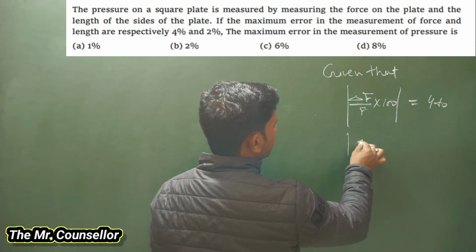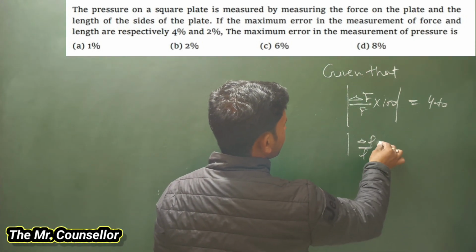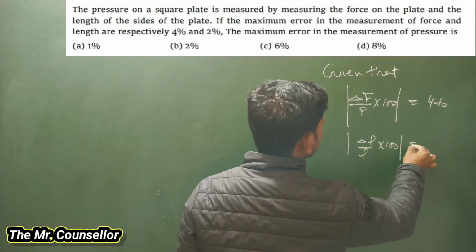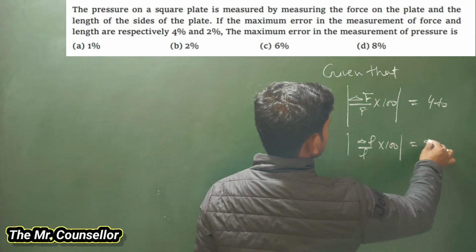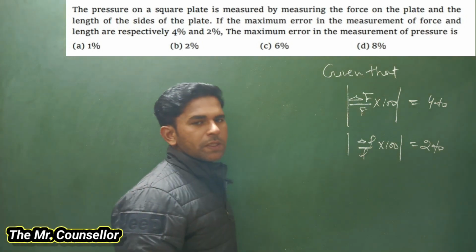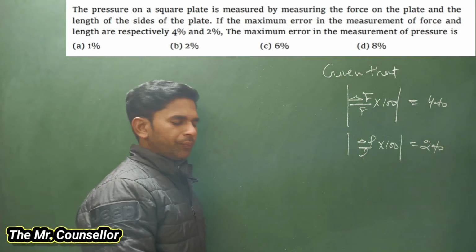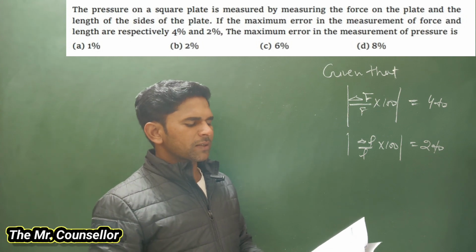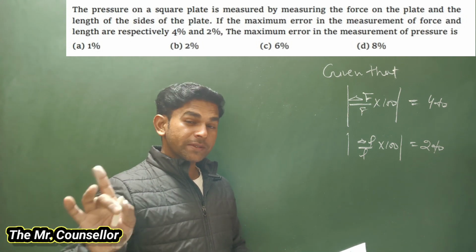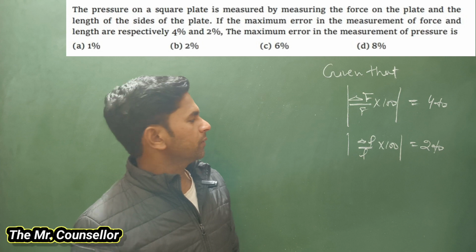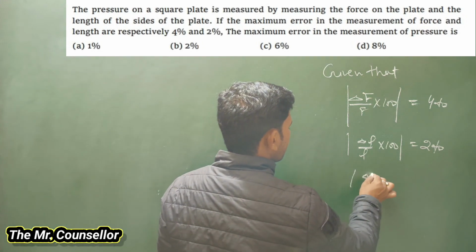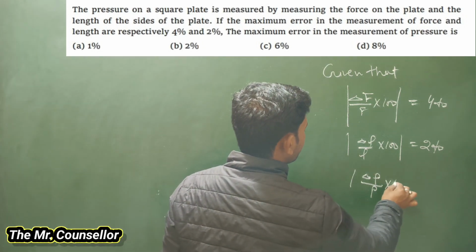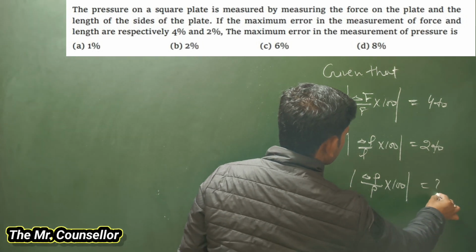And the percentage error in measuring the length is given as, can you tell me how much? 2%. You can see on the screen that the question is already there. After this they are asking for the percentage error in measuring the pressure, del P over P. These things are asked.